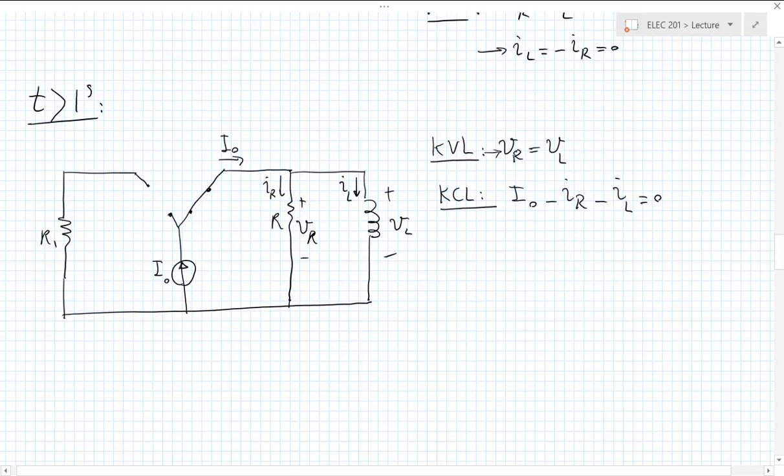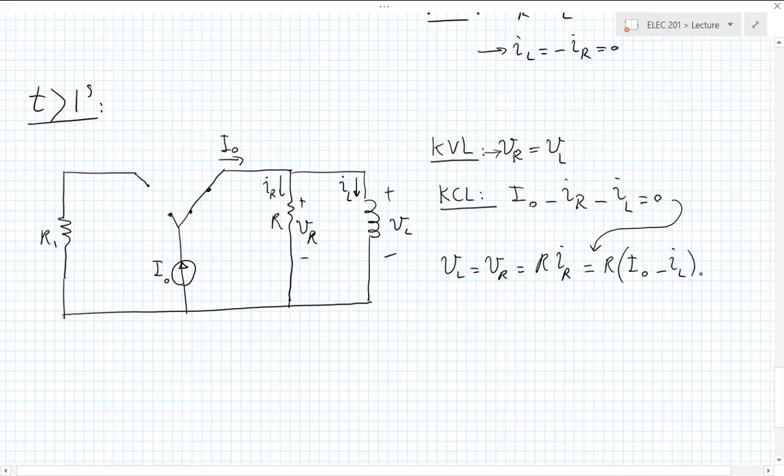So let's say from this one, I can say VL equals VR, which we know is R I sub R, which then from this KCL, I can write as R times I naught minus IL, which then I can write like this.